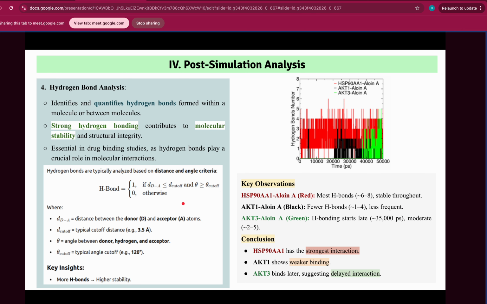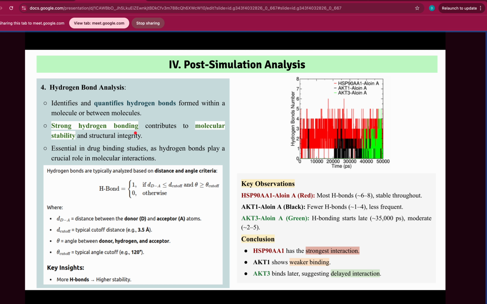Now the next metric which we consider is the hydrogen bond analysis, which identifies and quantifies the number of hydrogen bonds present between the molecules or within the molecules. If the hydrogen bonding is strong, then the structure is stable, because we have seen that whenever the protein converts to secondary structure form, there are hydrogen bonds which support those secondary structures, alpha helices and beta sheets.